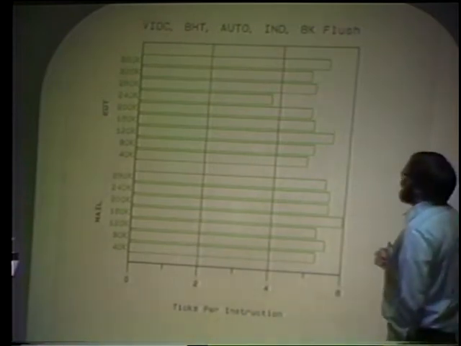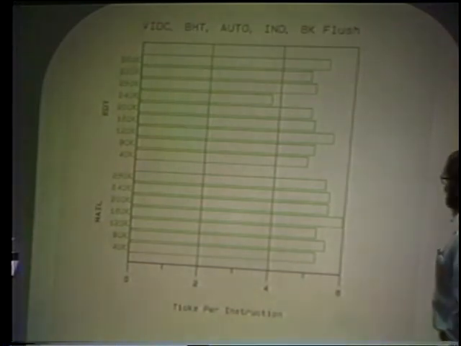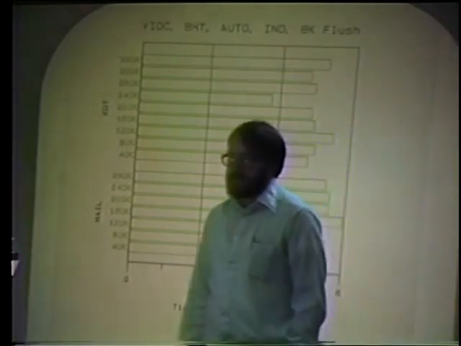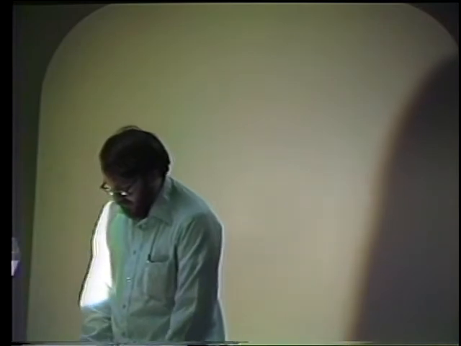So the average TPI, again, this is the design point, varies in the vicinity of around 5 ticks per instruction, a little less in some cases, a little more in some cases. And there's a couple other examples in the slides there, for the other traces, of the variation in TPI at different points inside the trace.